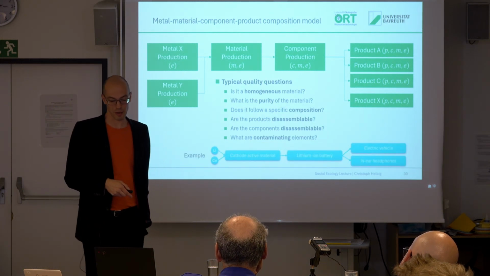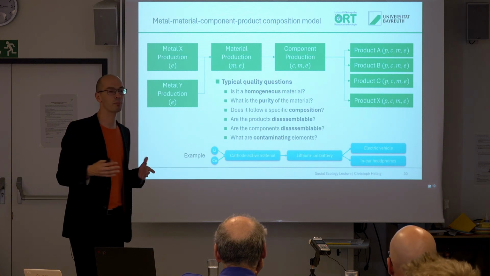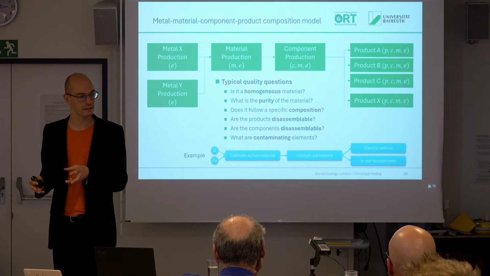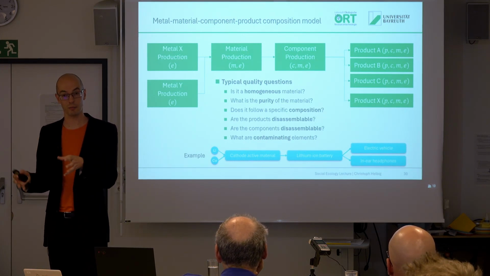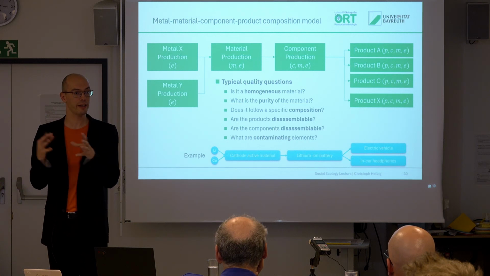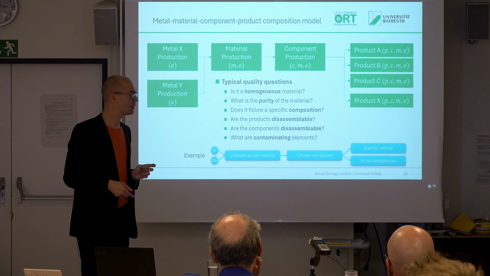And you can also make this example with batteries. Lithium and cobalt are part of a cathode active material. This cathode active material is part of a battery. A battery has a very heterogeneous composition, but the cathode active material has a homogeneous composition.